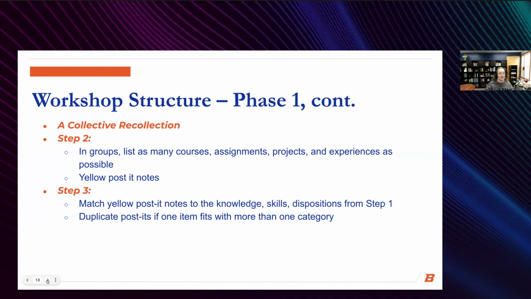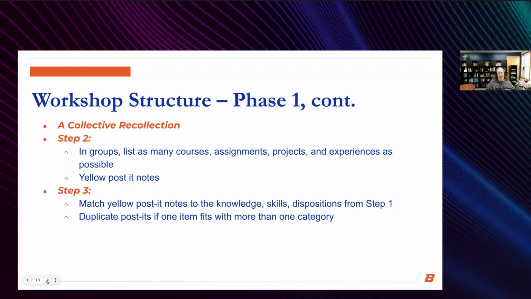So it could be things like a service learning project in a second language acquisition class. It could also be the term project, but it could also be a really small assignment that was done at the beginning of the school year to recall a certain skill that they learned in an introductory course or something like that. So we have them write down as many of those as possible, and they write them down on yellow Post-it notes at this point.